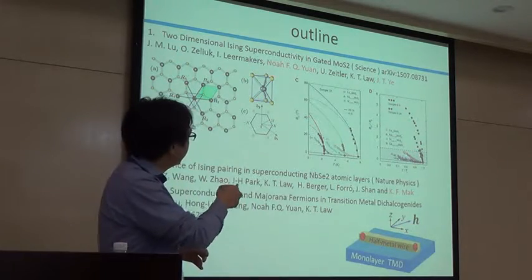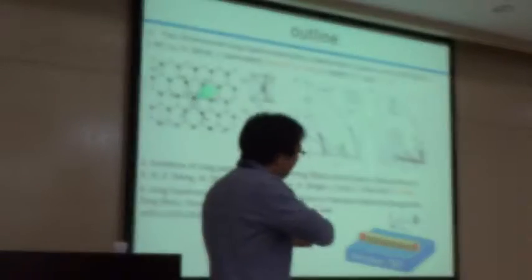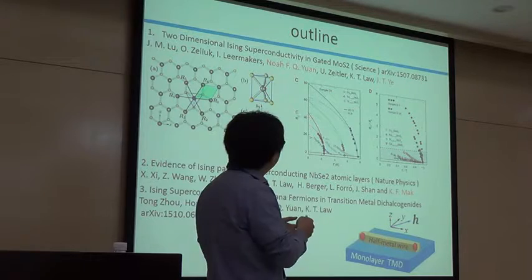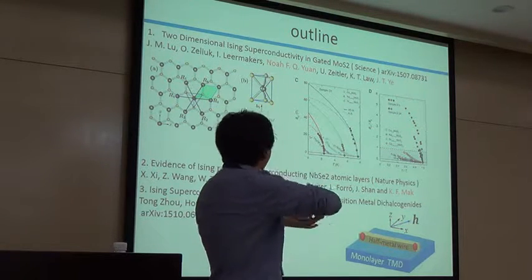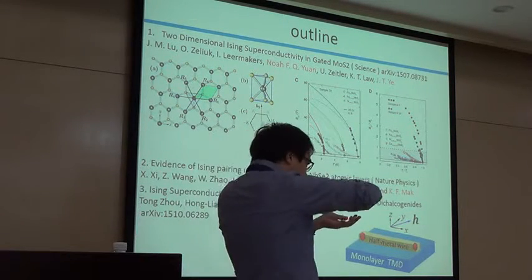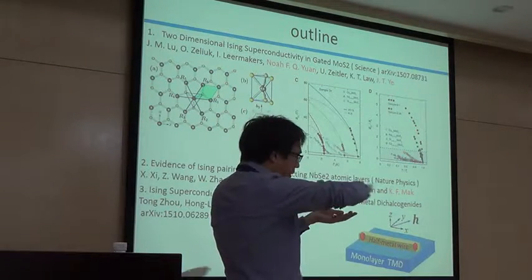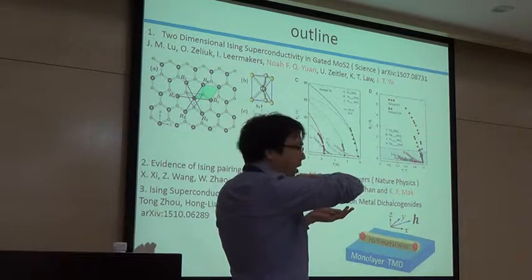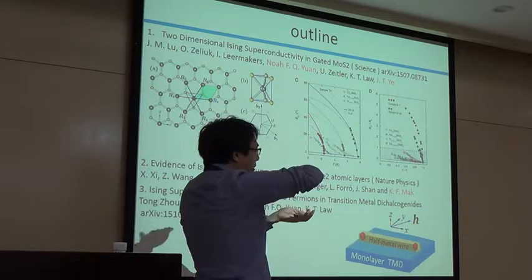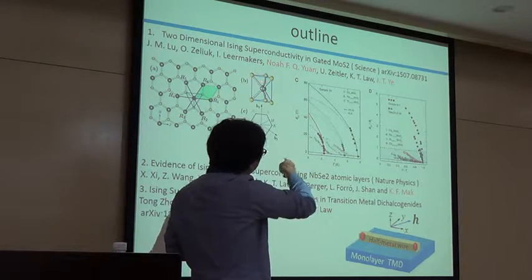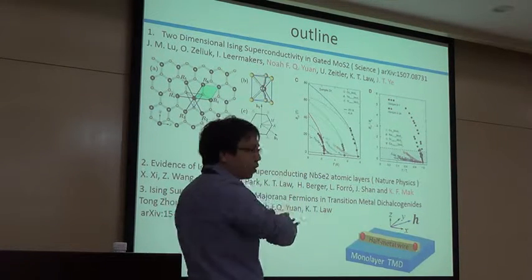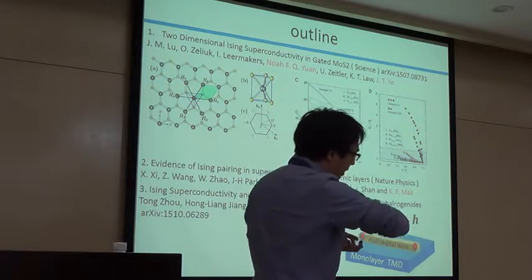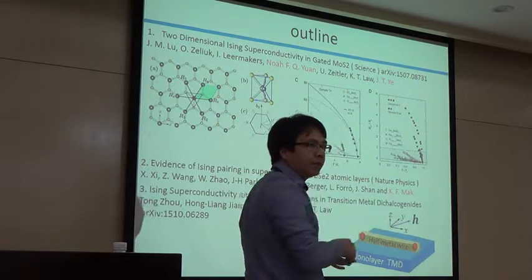So for this material, with a monolayer of moly disulfide, what you have is a three-layer structure. A single monolayer is composed of three layers. The top and the bottom layers are the sulfide atoms, and the middle layer, formed in a triangular lattice, is the moly atom.